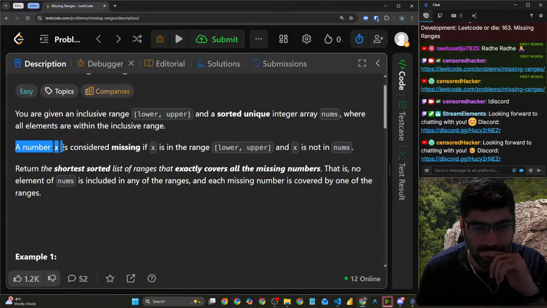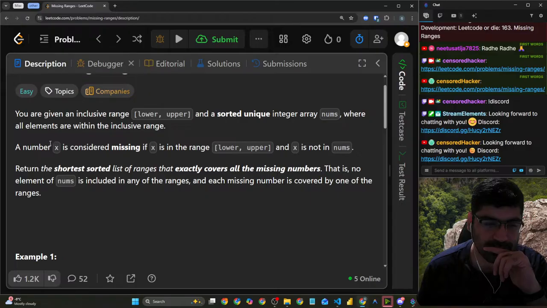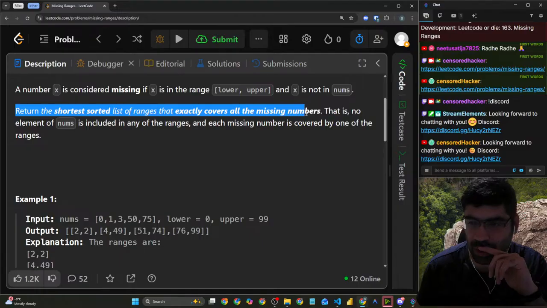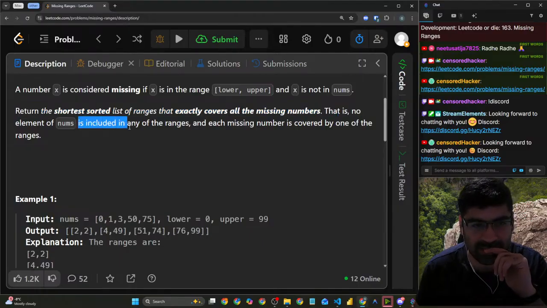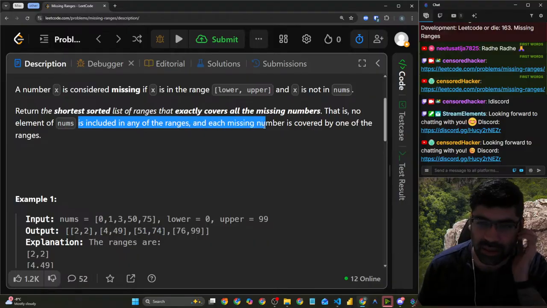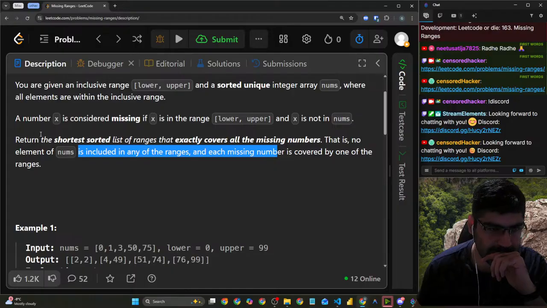A number x is considered missing if x is in the range and not in nums. Return the shortest sorted list of ranges that exactly covers all the missing numbers. That is, no element of nums is included in any of the ranges, and each missing number is covered by one of the ranges. Okay, interesting.